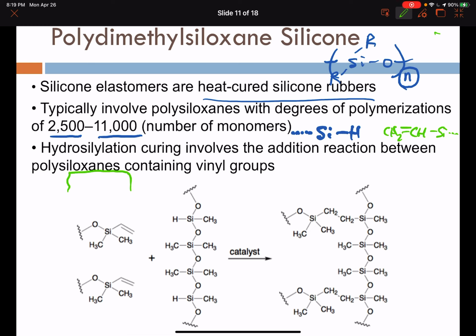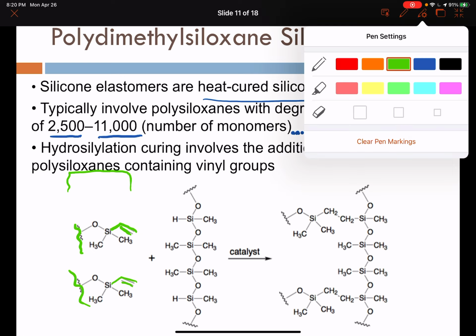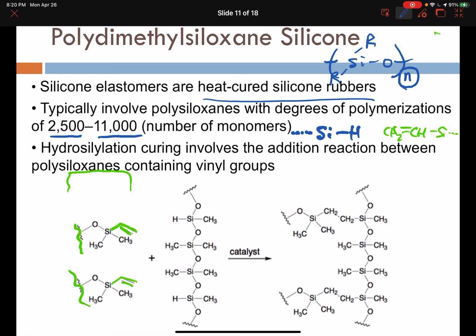That vinyl group, showing the CH2 double bonded CH unit, is shown here, and there are two highlighted for us. These could be two different polymer chains shown as the squiggle. And then the other complement material needed is the hydrosilane polymer, and we see that listed here with the SiH bonds occurring in several highlighted spots.